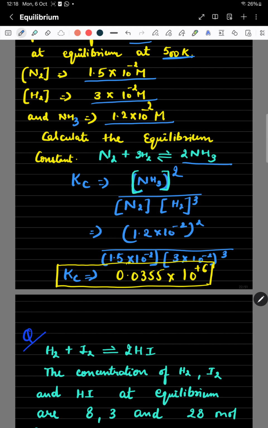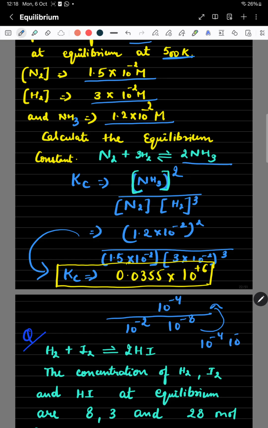Now once you calculate this term, what will you find? 10 raised to power minus 4 in the above side. Here you have 10 raised to power minus 2. Here you have 10 raised to power minus 8. So this would become minus 10. Once it goes here, 10 raised to power minus 4, 10 raised to power plus 10, 10 raised to power plus 6 there will be. And here you have this answer 0.0355.